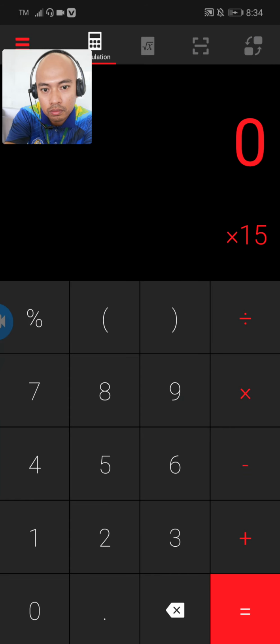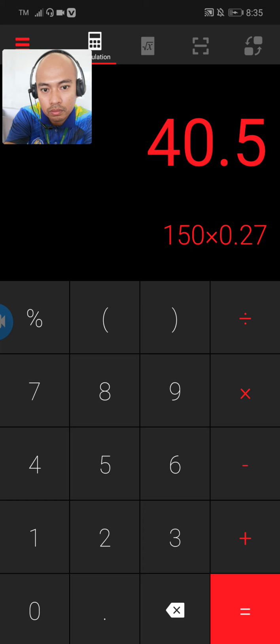150 multiplied by 0.27, so that will be 40.5. Anyway, yung 0.5 is tao, so we can round it up as 41.